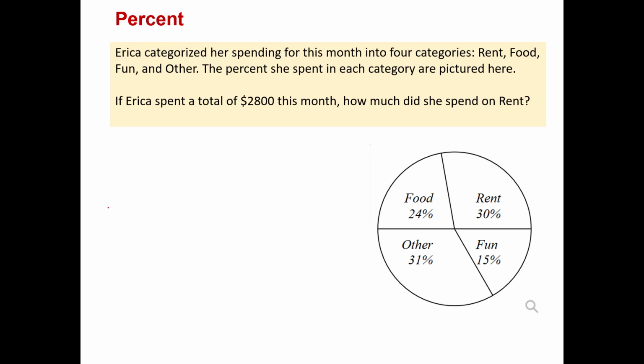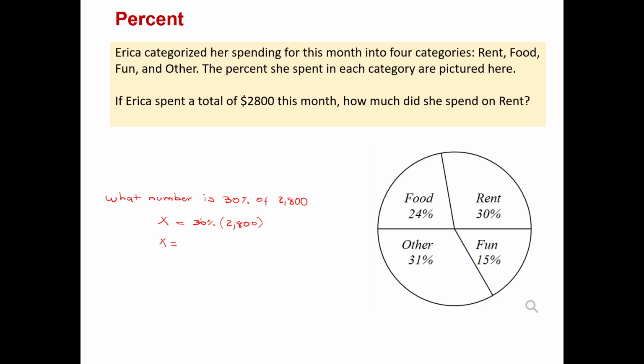What we want to know is what number is 30% of 2,800. Then what number is the x value, the variable, equal to 30% of, which means multiplication, 2,800.